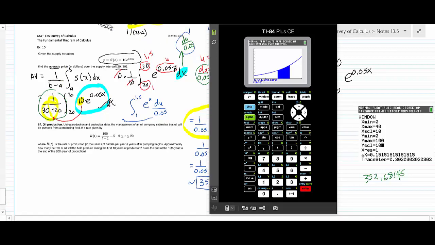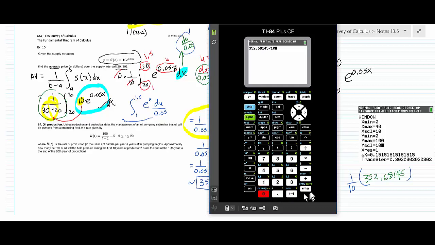The other thing is, you've got this 1/10 right here. So if you take this thing right here and multiply it by 1/10, you should get what we got. So I'm going to clear this off and you can divide by 10. If you divide 352.68145 by 10, all it's going to do is move the decimal over to the left one anyway.